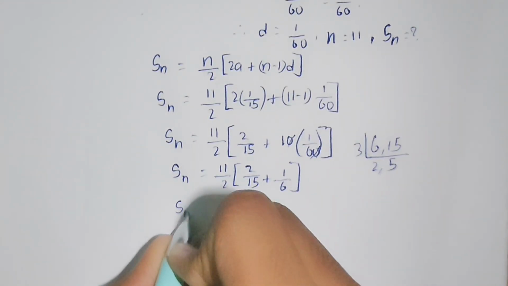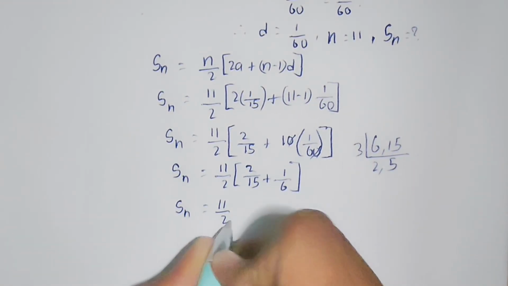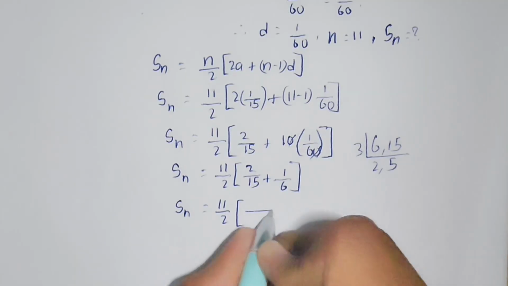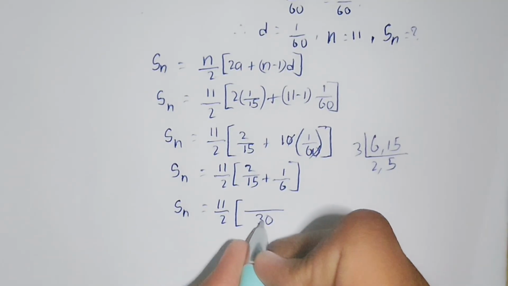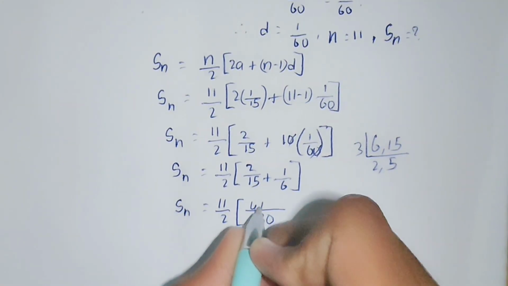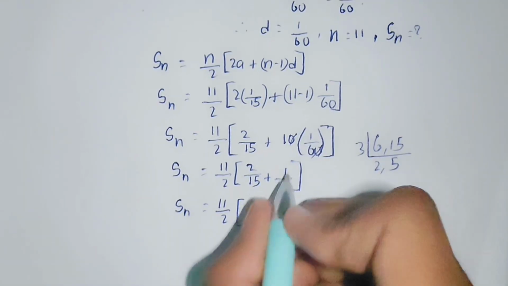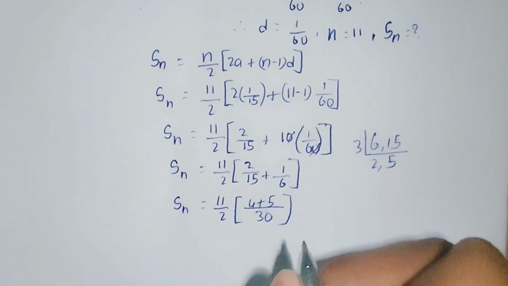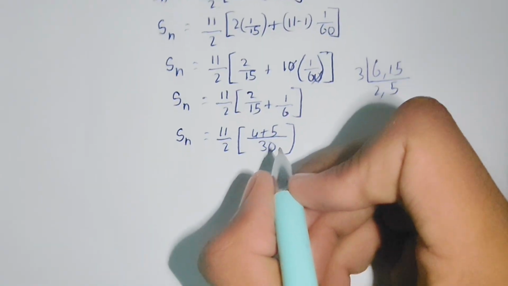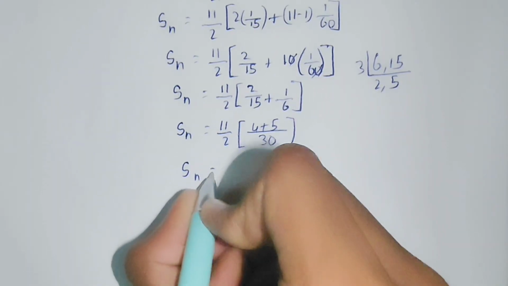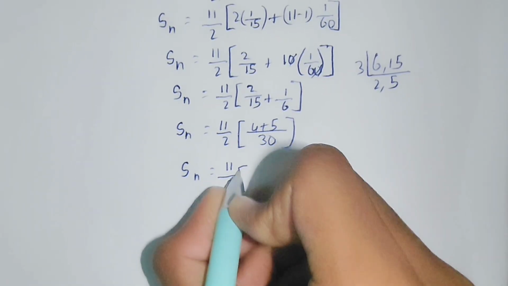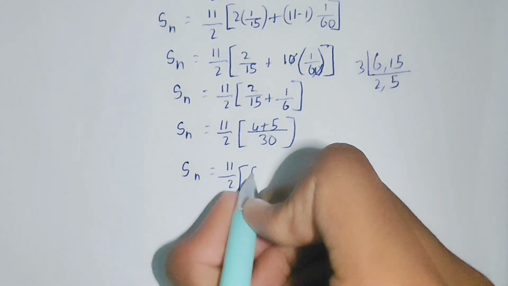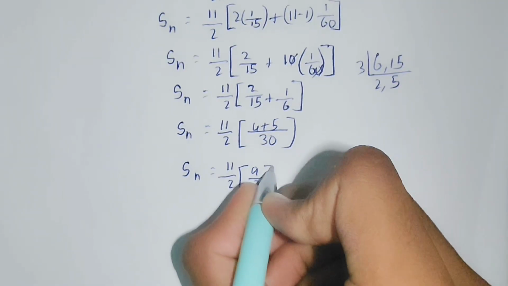So S base n is equal to 11 by 2 into 30. So 15 in 30, 2 times, so 2 twos are 4, plus 6 in 30, 5 times, so 5 ones are 5. Then S base n is equal to 11 by 2 into (4 plus 5, 9) by 30.